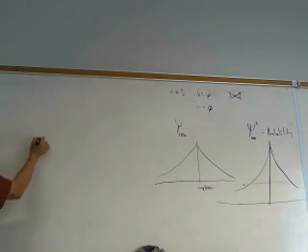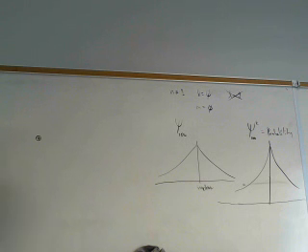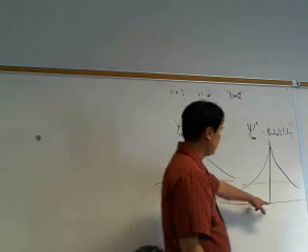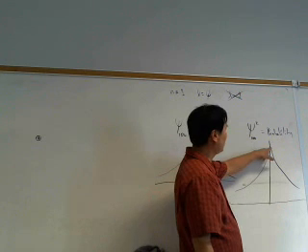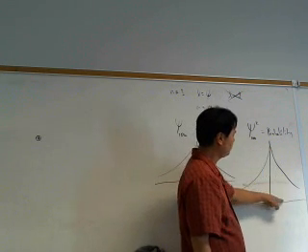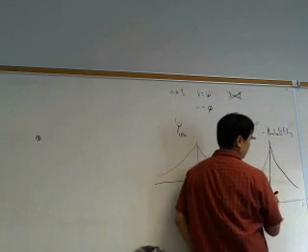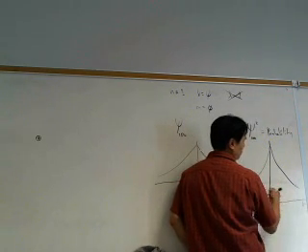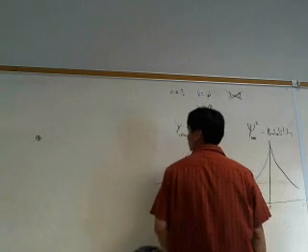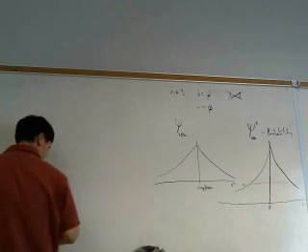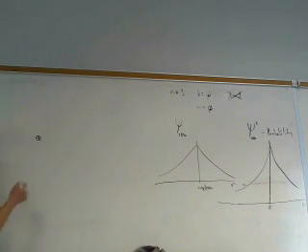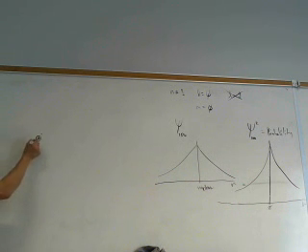If I put the nucleus here, what this says is that by the nucleus, I'm going to have the highest probability. As I get further and further away from the nucleus, this will be R, the lower the probability is. One way of visualizing this is that the electron might be here in one instant, and then the next instant here, here, here.